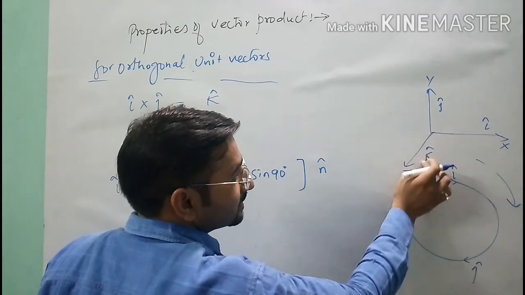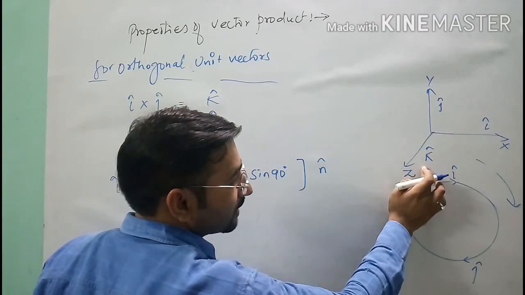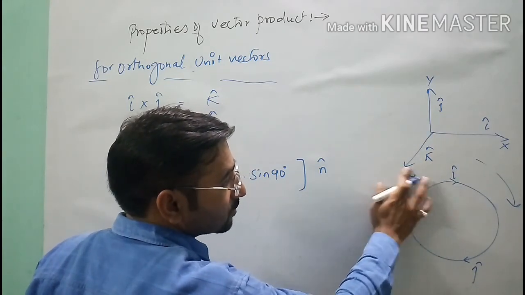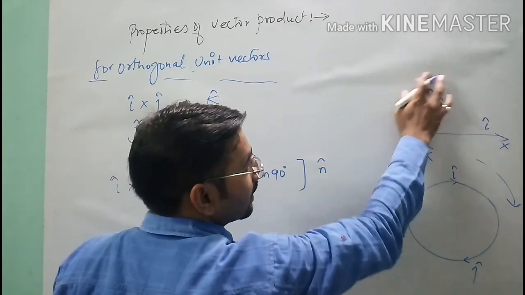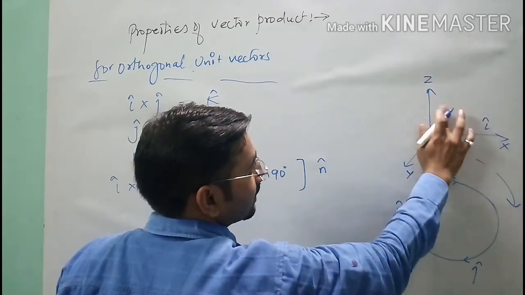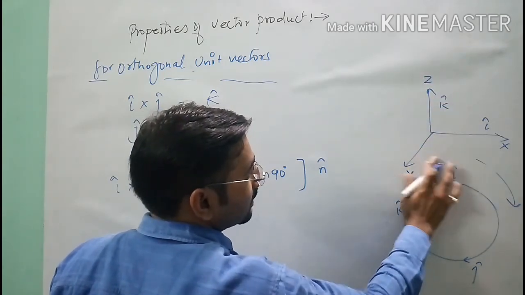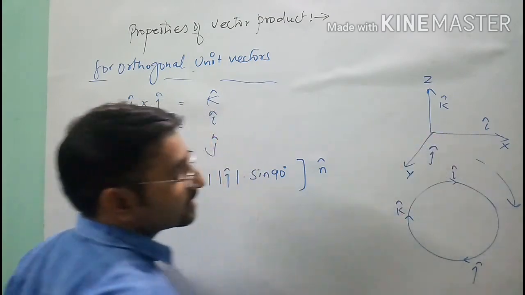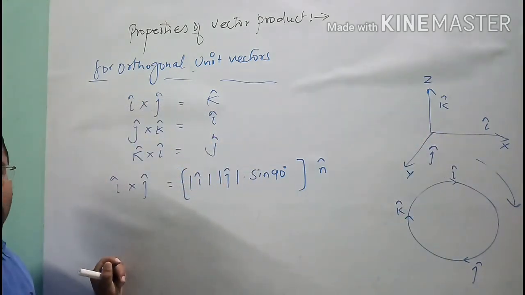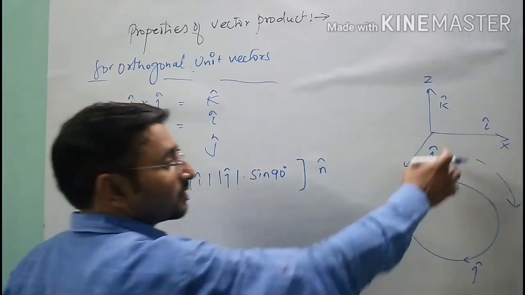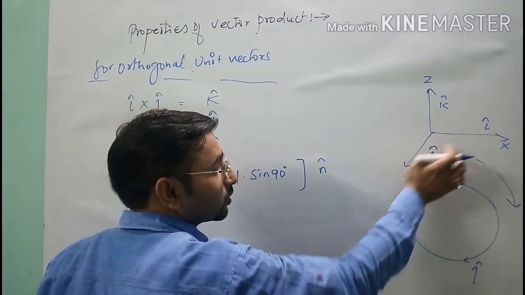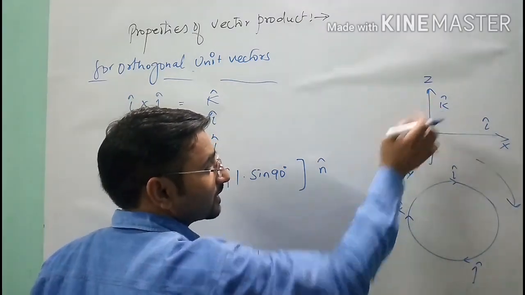If you have any doubt understanding this, I am taking here y and here for some time j, and here k cap and here j cap. Now this is very easy to understand. So see from the diagram, which vector is normal to both of the unit vectors? It is our k cap.